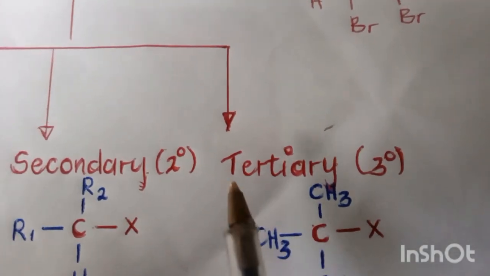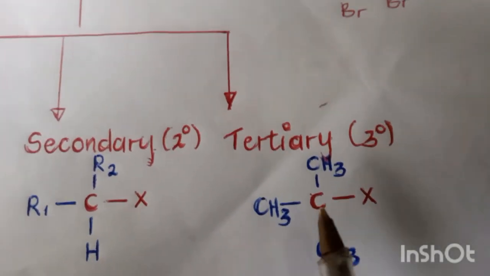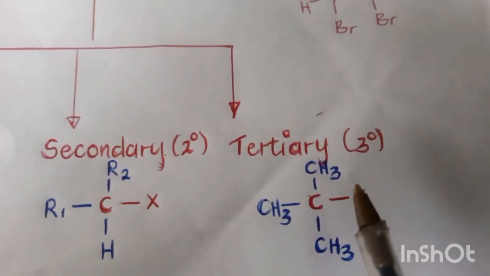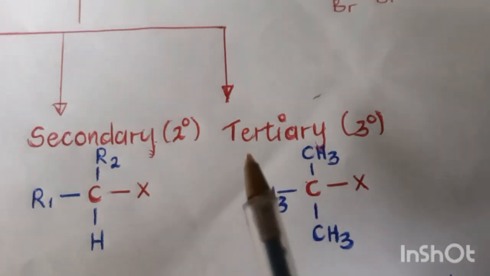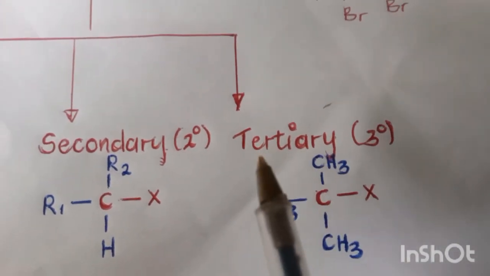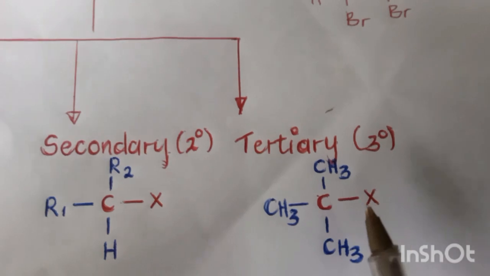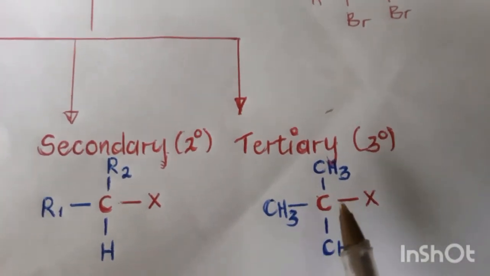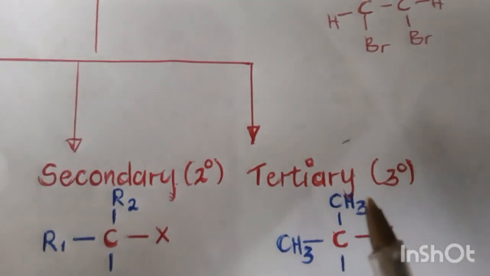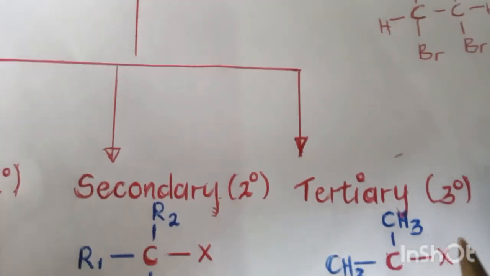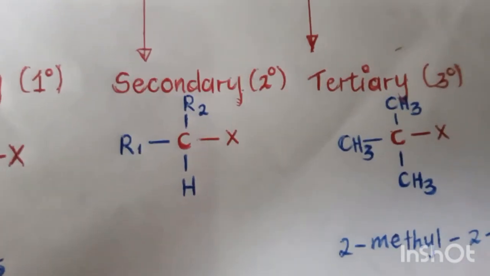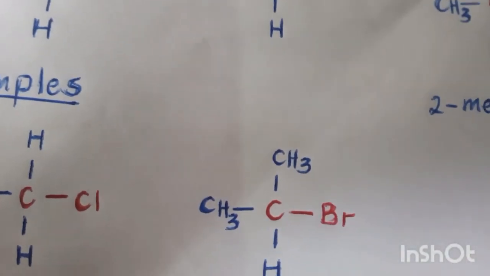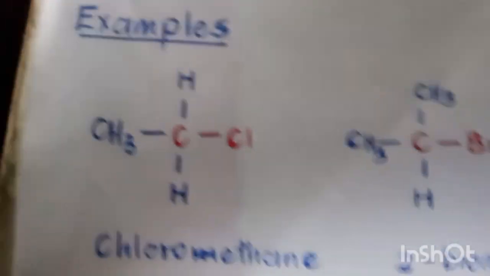These are those in which the carbon atom bonded to the halogen atom is also bonded to three alkyl groups, or this carbon atom has no hydrogen atom directly bonded to it, and such haloalkanes are known as tertiary haloalkanes. So we do have different examples of these three types of monosubstituted haloalkanes.